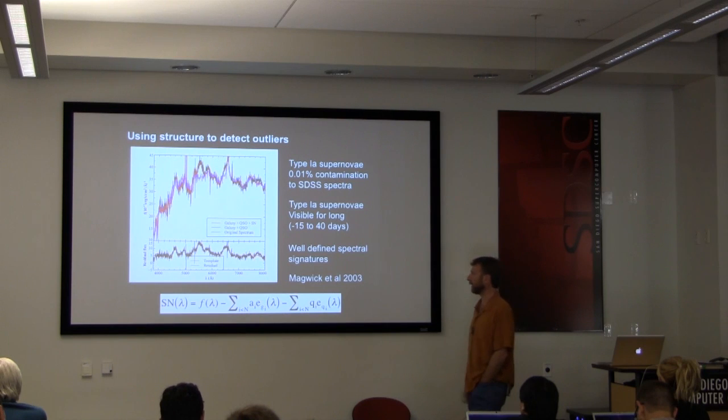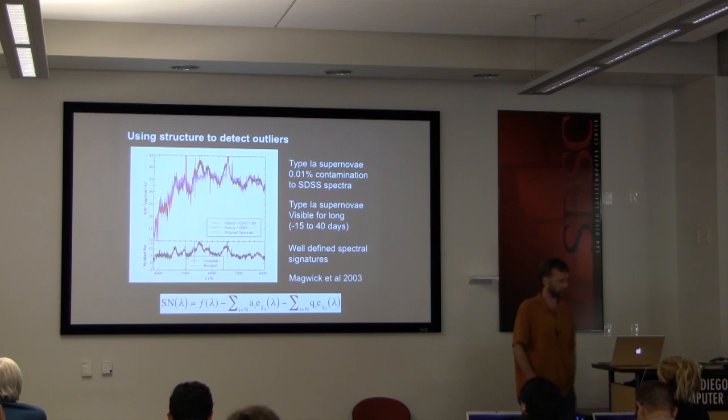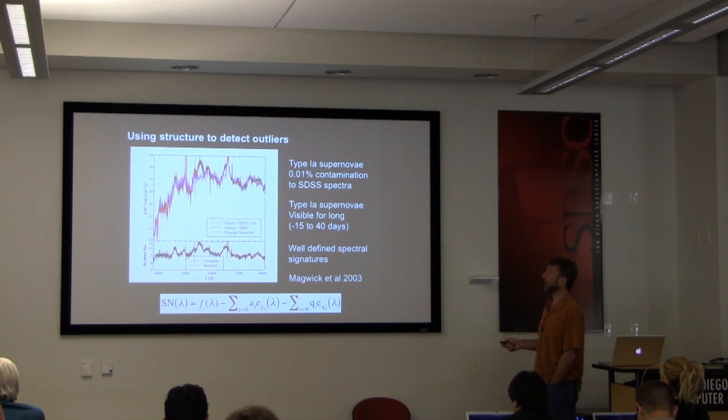So I can just solve for these coefficients just doing a standard linear fit or least squares fit. Then I can start looking at the residuals. So if I take this spectrum and I fit using my eigenvectors, I get the blue line. These are just doing a least squares fit to the eigenvectors themselves.